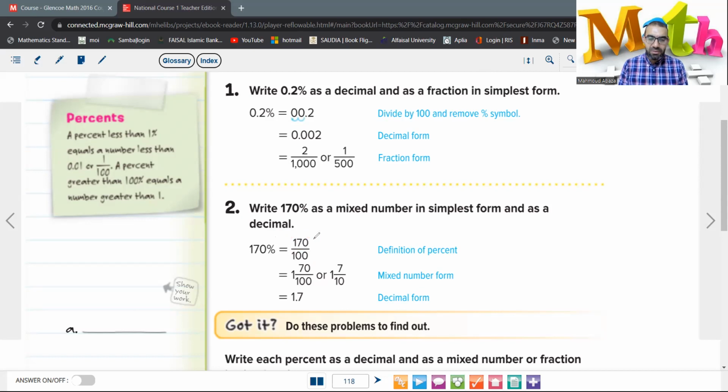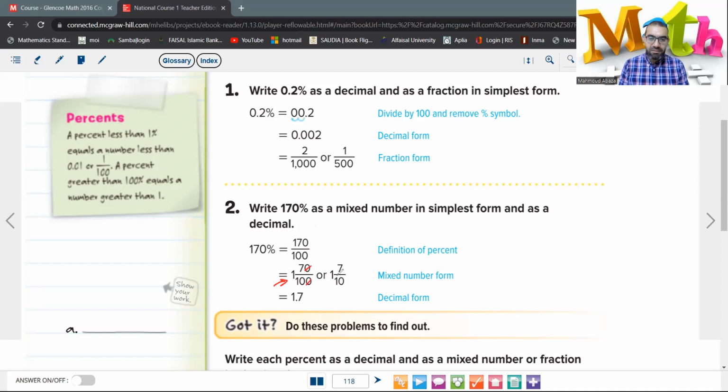So, we can see how many hundreds are there in 170. Means 170 contains how many hundreds? It contains only 100 with remainder 70. So we can say that 170 over 100, we can divide by 10 up and down, or simply cancel the 0 up with the 0 down.